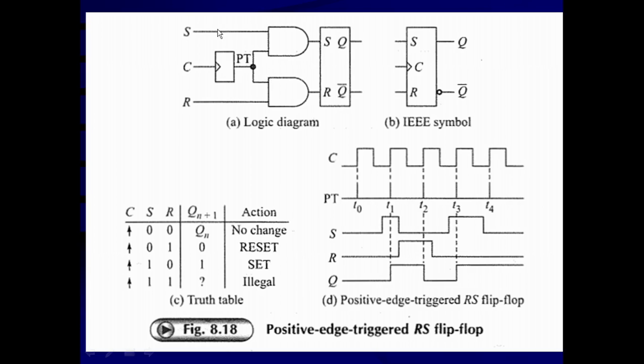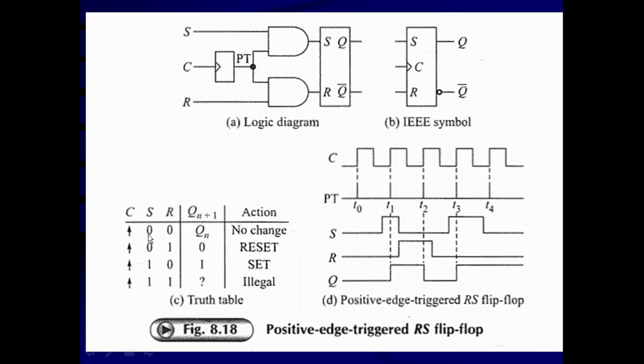At that time, whatever S and R inputs are there, either the set condition or the reset condition, if it is present at the other input of the AND gate, that input will be passed through the AND gate to the basic RS flip-flop, and the basic RS flip-flop will be set or reset according to the input conditions given in the truth table of figure C.